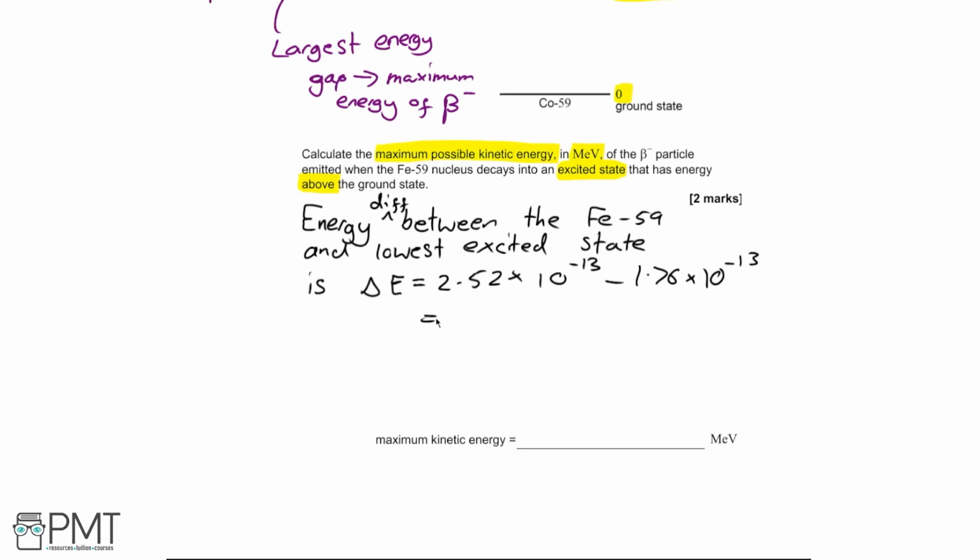These are in joules. So doing that calculation, we find that the energy difference delta E is 0.76 times 10 to the minus 13. So this is in joules.